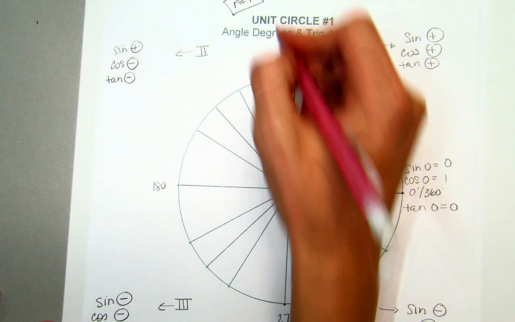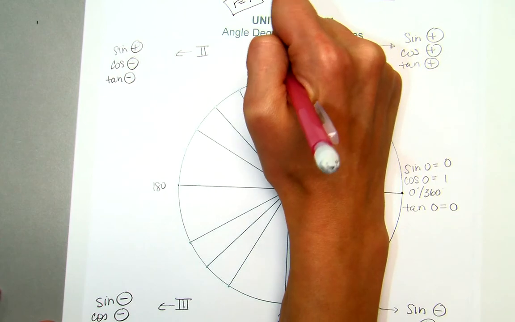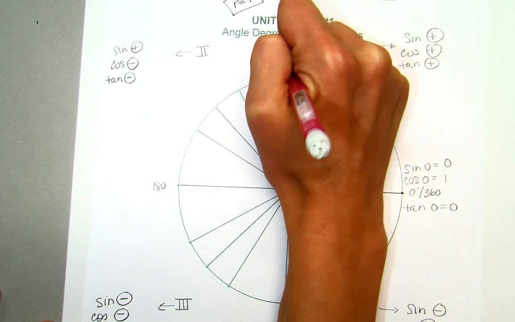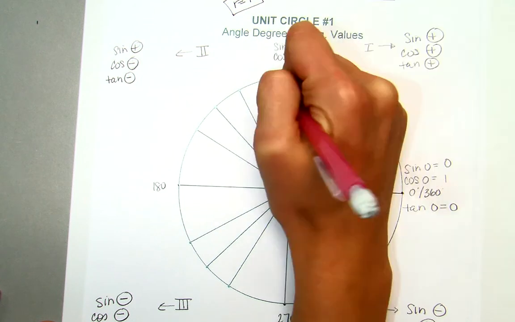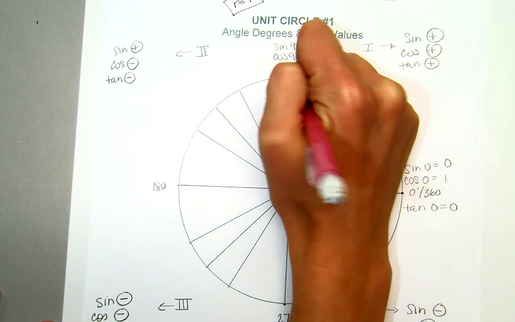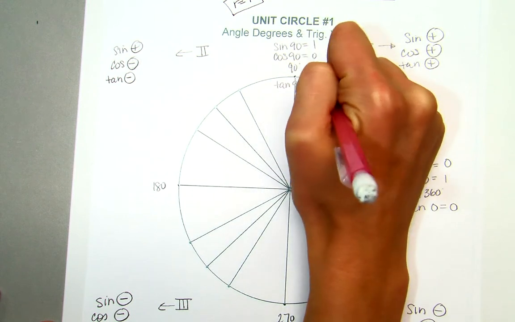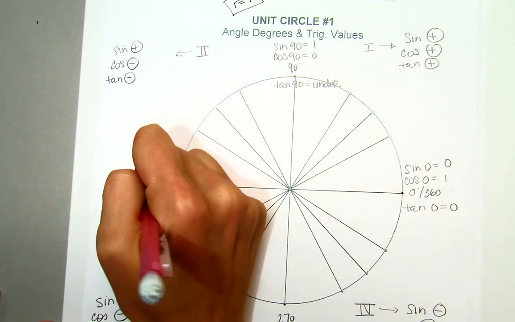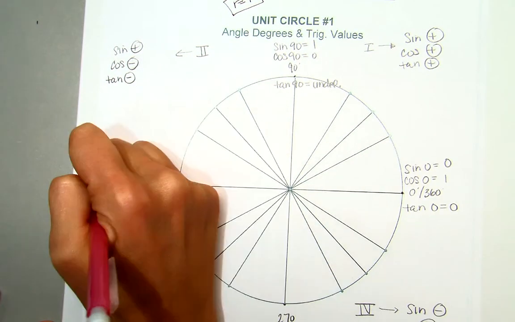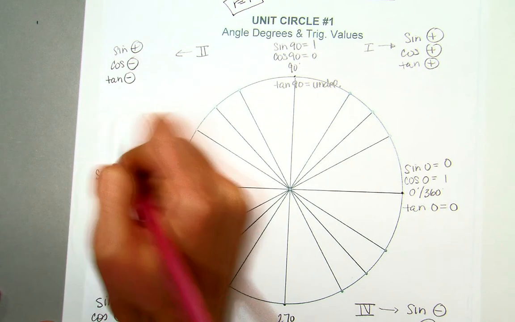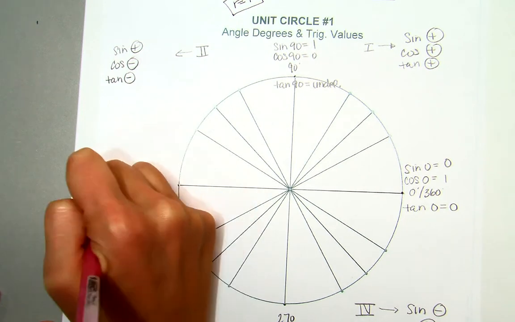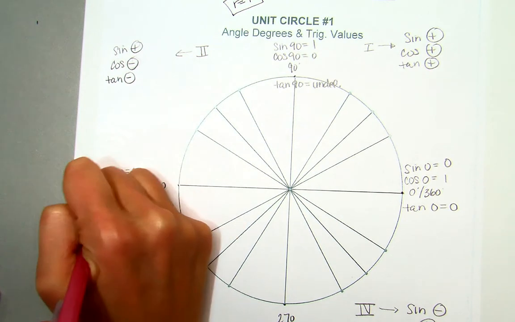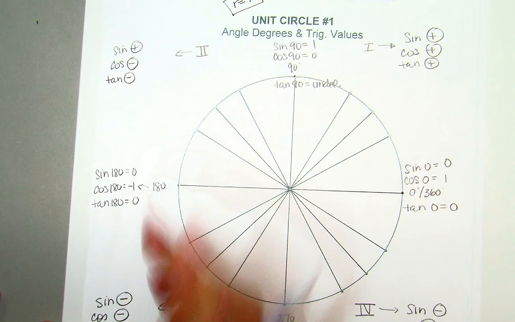At 90 degrees, I know that sine of 90 will always be 1. Cosine of 90 will always be 0, and I'll write underneath it, tangent of 90 will always be undefined. Continuing on to 180, sine of 180 will always be equal to 0, cosine of 180 will always be negative 1, and tangent of 180 will always be 0.